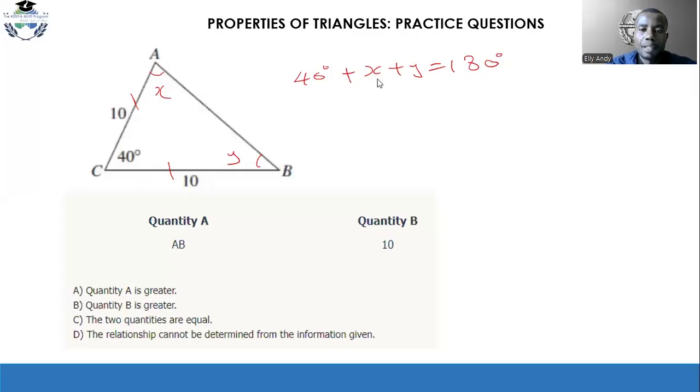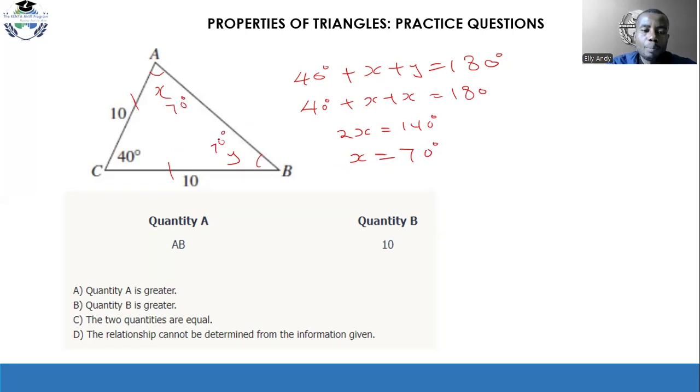And because we have X and Y the same, because base angles for an isosceles triangle are equal, we can have X plus X, so that 2X will be 180 minus 40, which is 140, and X will be 70 degrees. So X will be 70, Y will also be 70.